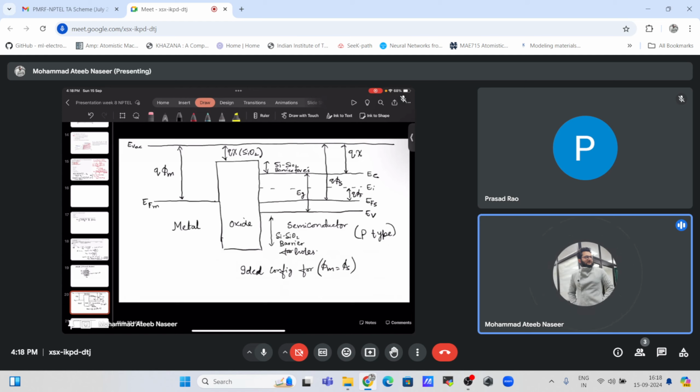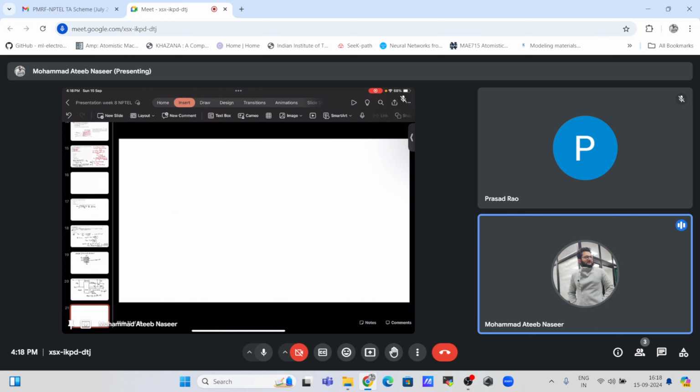Now, if we say, which is the more realistic case, that we are having some phi m which is greater than the phi s, then what would happen is we will be having some band bending on the semiconductor side, because the Fermi level has to align, and the thermal equilibrium has to be established.